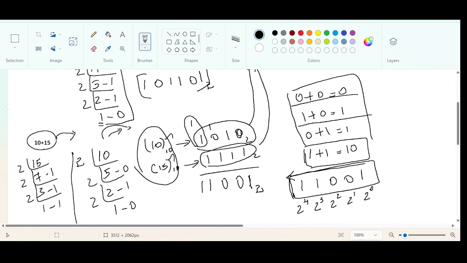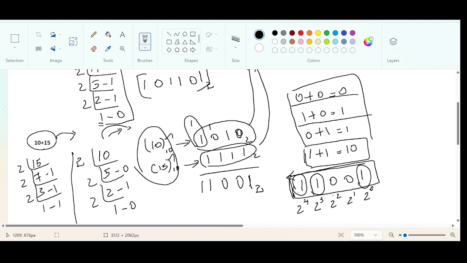So here I have 2 to the power of 0, 2 to the power of 1, 2 to the power of 2, 2 to the power of 3, 2 to the power of 4. Now perform the addition operation for the positions with a 1 bit.